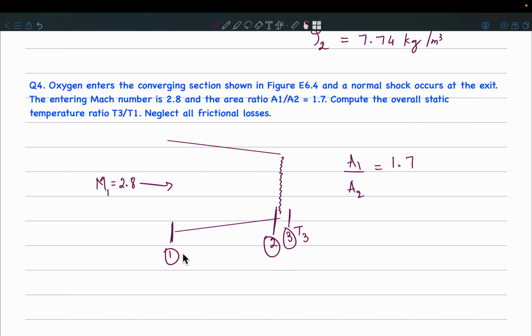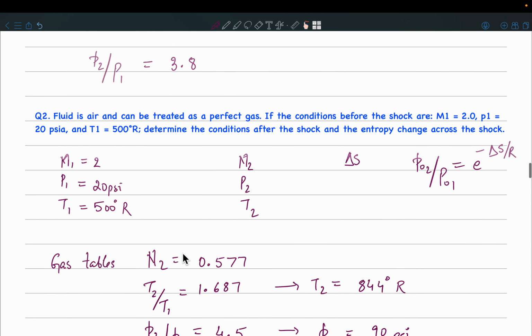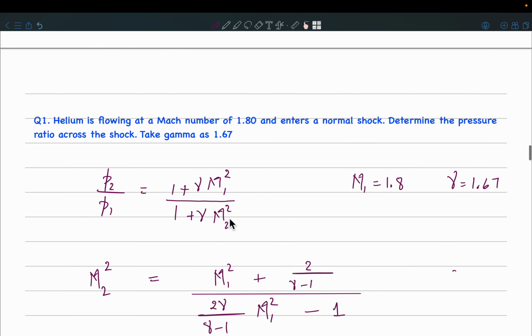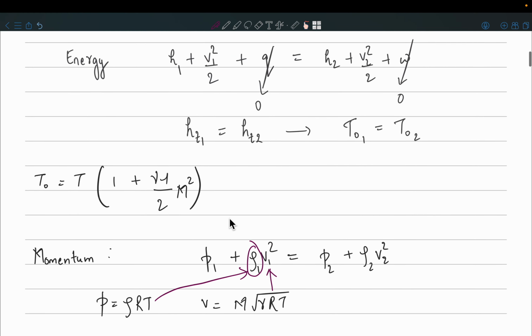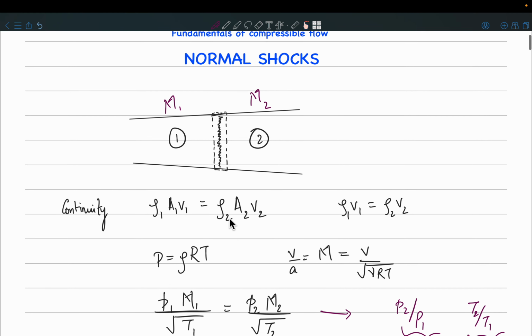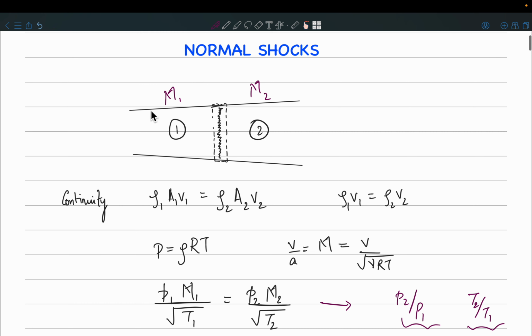So if we have a shock, we know how to calculate the temperature ratio very close. If you go back to your derivation, to this figure, remember that I said we can have a very general variable area duct, but what we are considering is a control volume which encompasses the fluid very close to the shock.